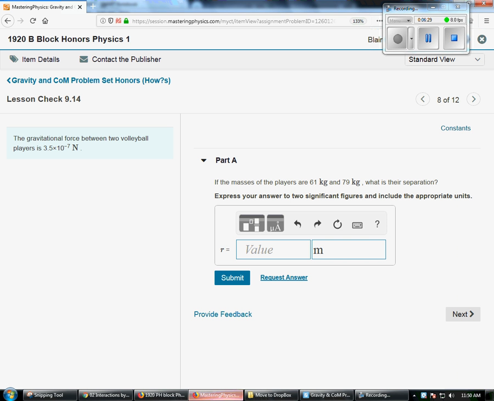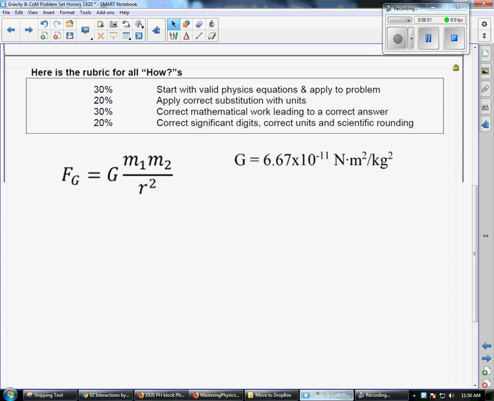All right, so let's see, I am told the gravitational force. I'm told the mass of each one. Does it matter which one's M1 and which one's M2? No. And then I want to know the separation. So they give me kilograms, they give me newtons, and they want the answer in meters. Is that going to work out?